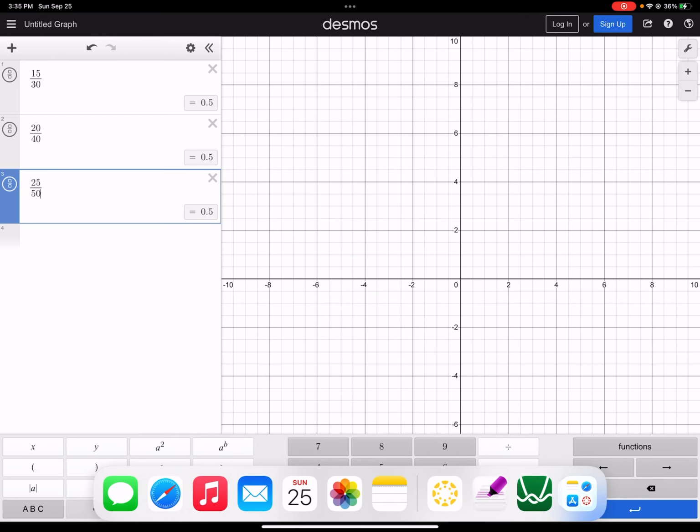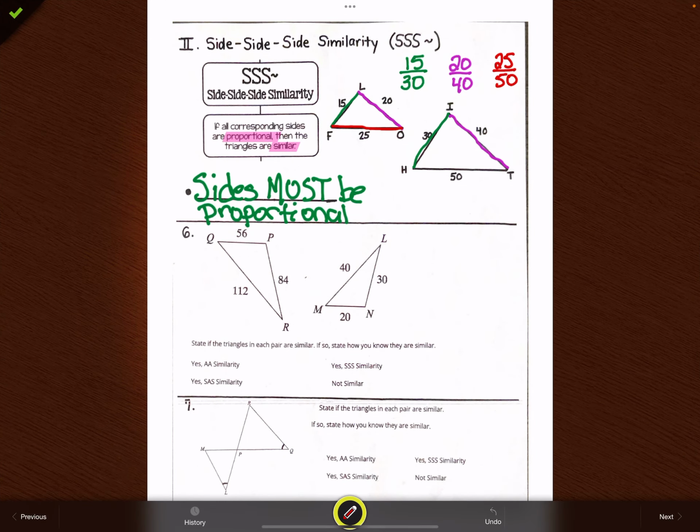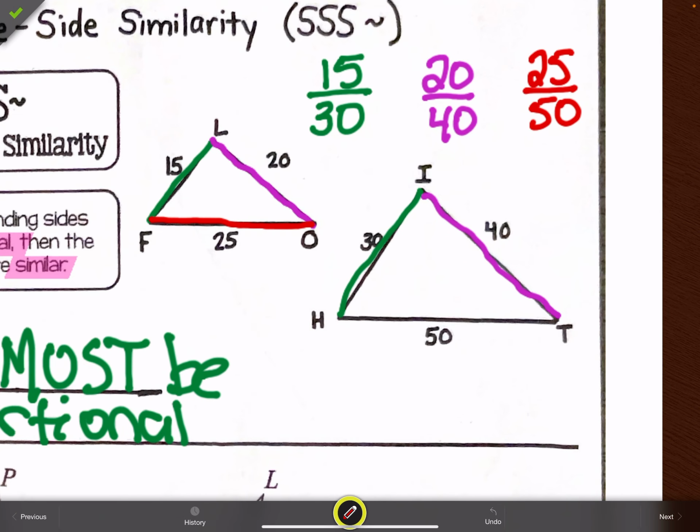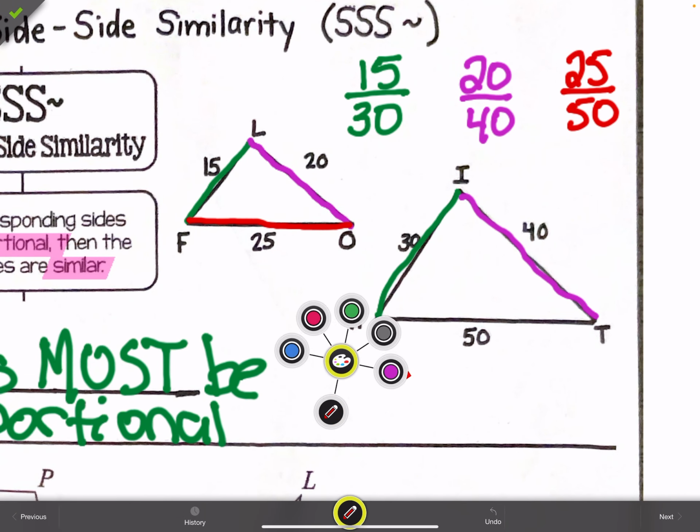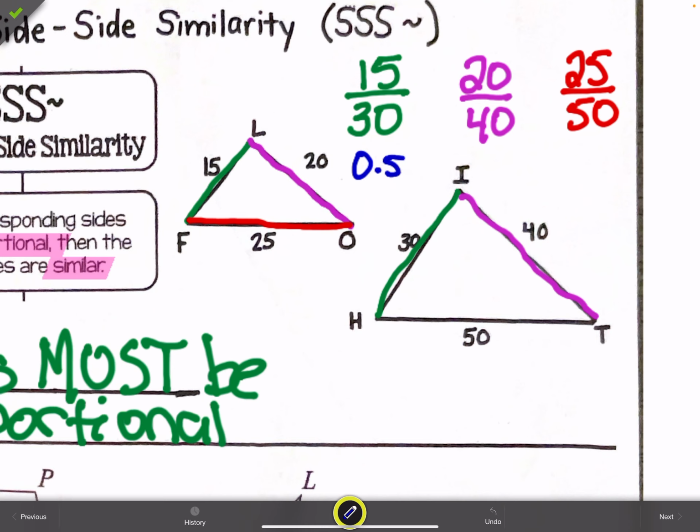So what that tells me is that yes, my sides are proportional, and what we want to see on your work are the 3 fractions that you wrote, and then we also want to see the decimal that you got. So we got 0.5, we got 0.5, or again, if you like fractions, you can write the fraction. They are all equal.